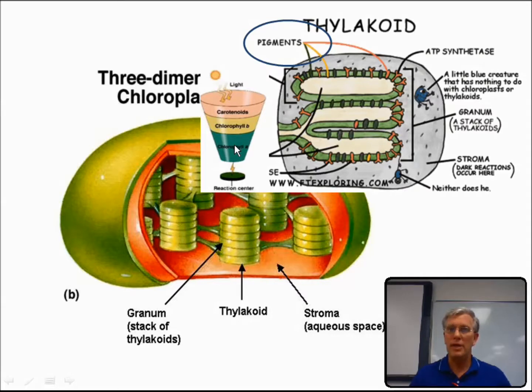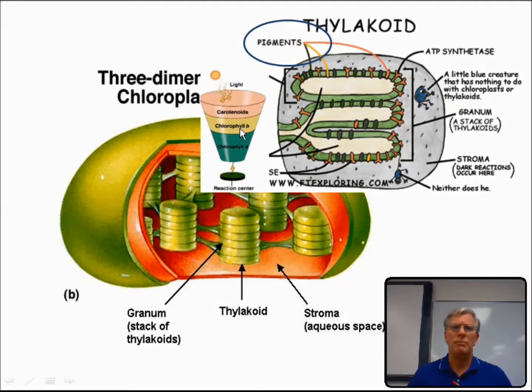The primary pigments in the thylakoid membranes are chlorophyll. There's a chlorophyll A and a chlorophyll B molecule, and there could be some other pigments as well, in this case carotenoids, which is a yellow-orange pigment. But the pigments are what give plants their color, and since most plants are green, chlorophyll is the primary component of most of the pigments.